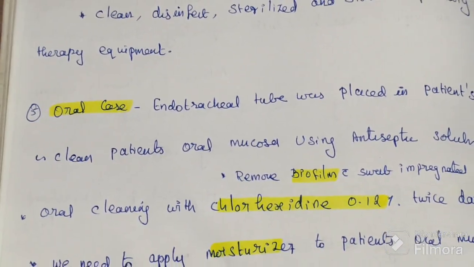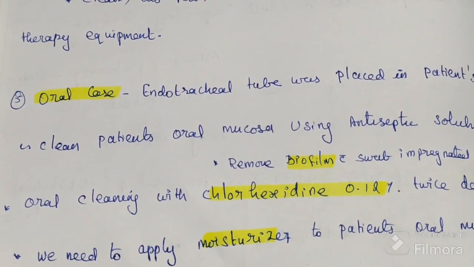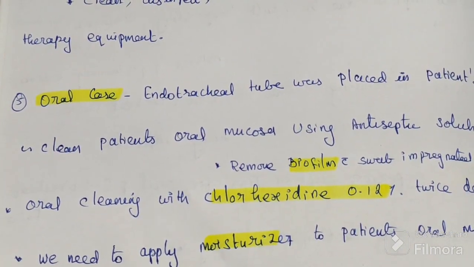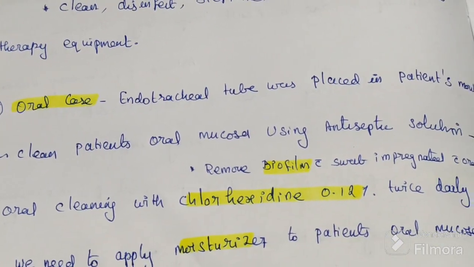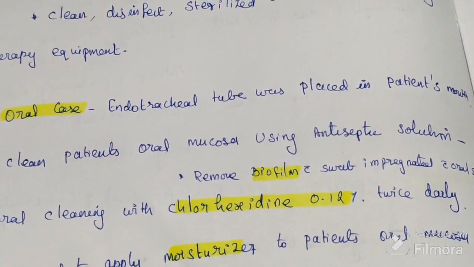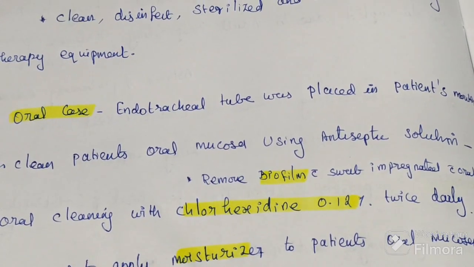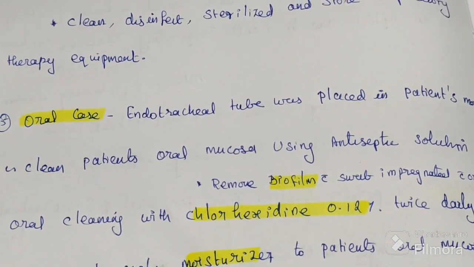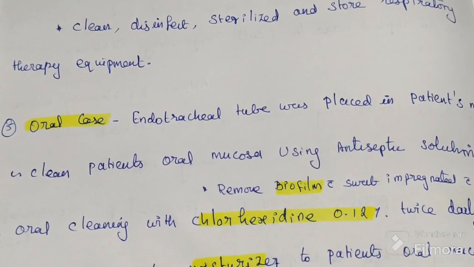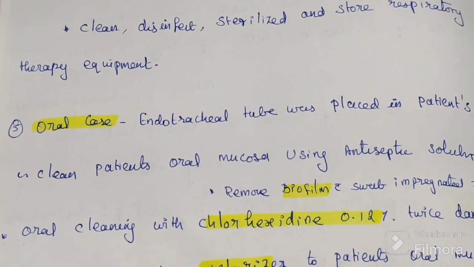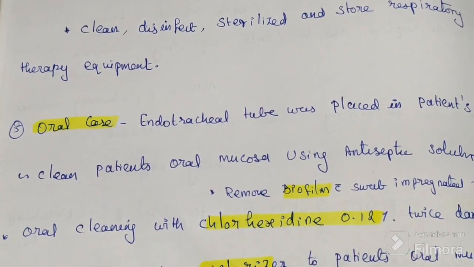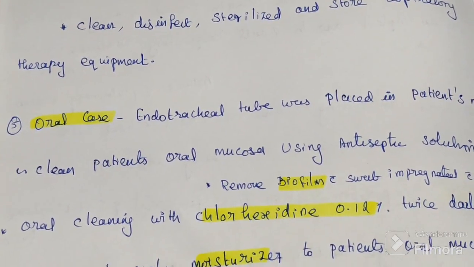Next is oral care, because a device such as the endotracheal tube is usually placed in our patient's mouth, and giving emphasis on how we will prevent infection is a must as healthcare workers.